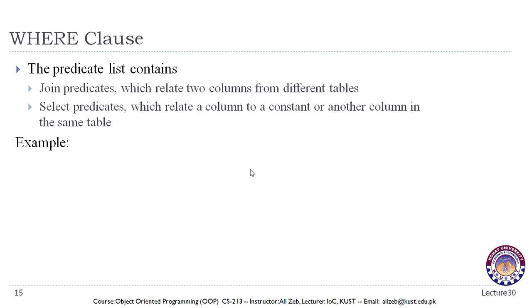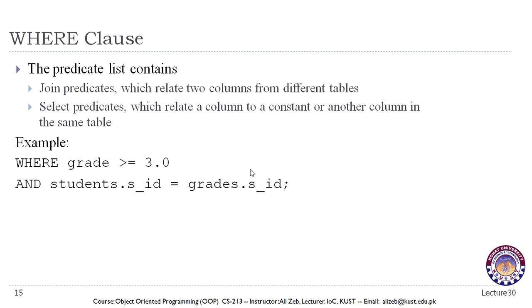For example, if you want to select data from two different tables where some data is similar, we connect the two through some value. For example, where the grade is greater than 3 and the student's ID in the students table is equal to the student ID in the grades table.